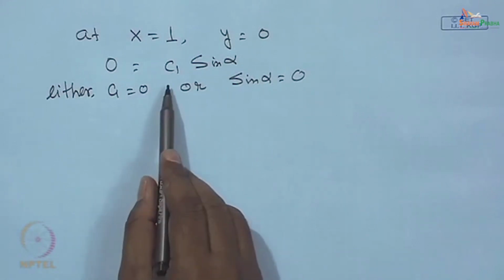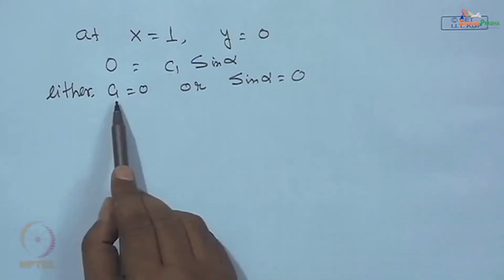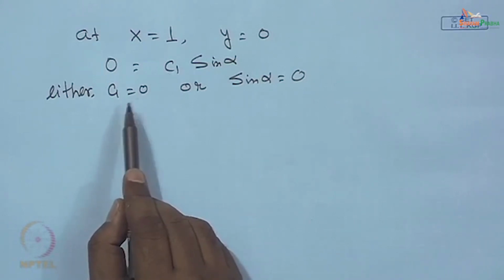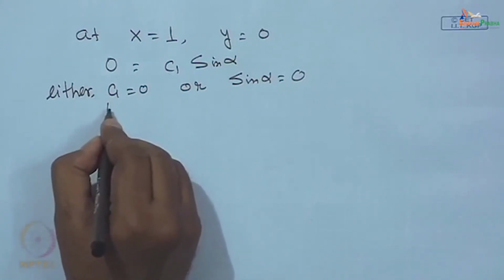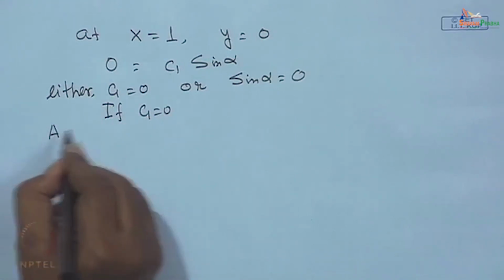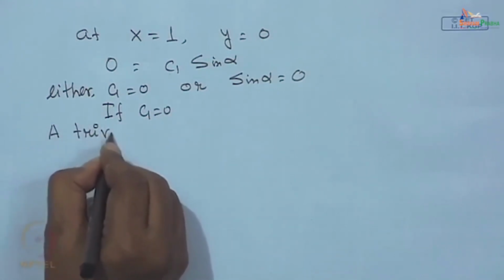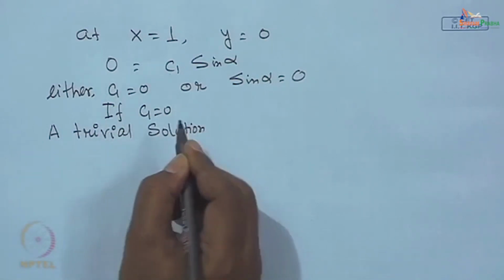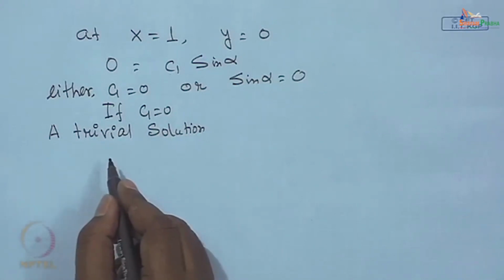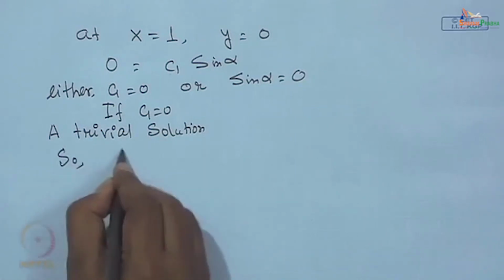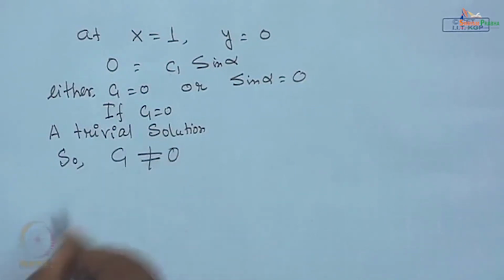If C 1 is equal to 0, then again we land up with a trivial solution. So, that is ruled out. We are not looking for a trivial solution, we are looking for a non-trivial solution. Therefore, C 1 cannot be equal to 0.